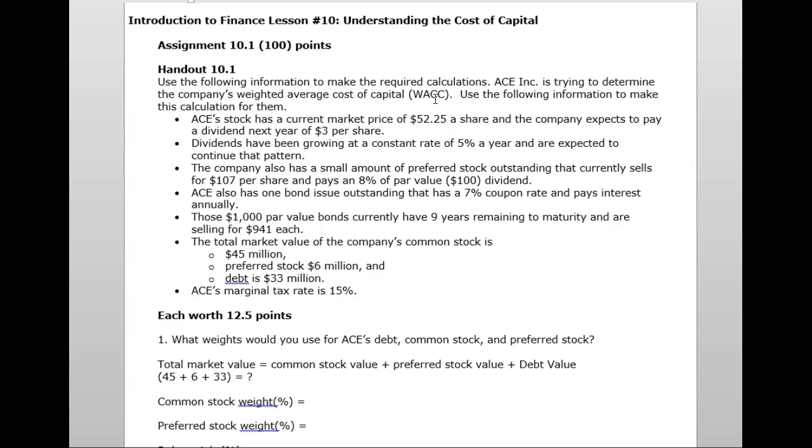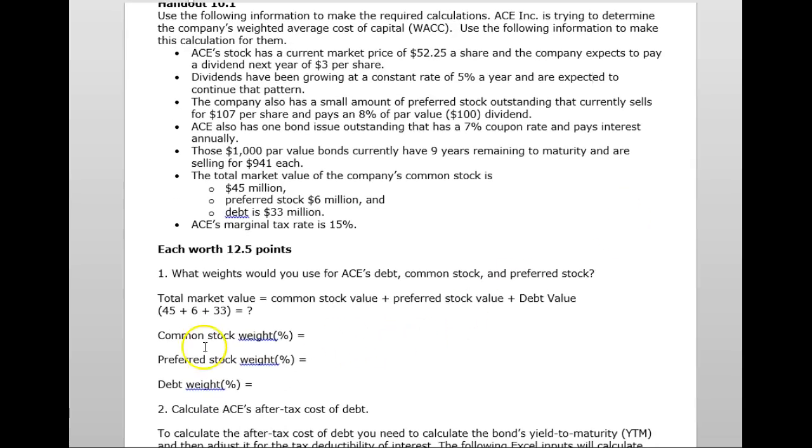So what is it we're measuring? What's capital? Capital involves common stock, it involves preferred stock, and then we're going to look at the debt. So these three right here, anything in common stock or preferred stock and debt is going to be looked at for the overall, and then we're going to weight each one of these.